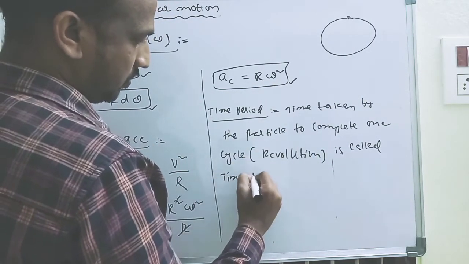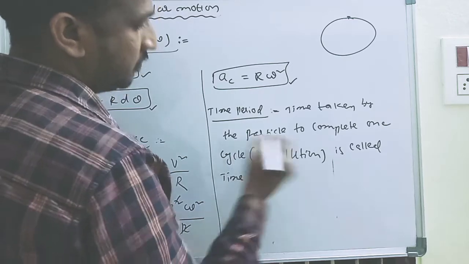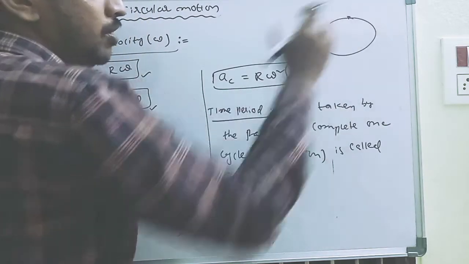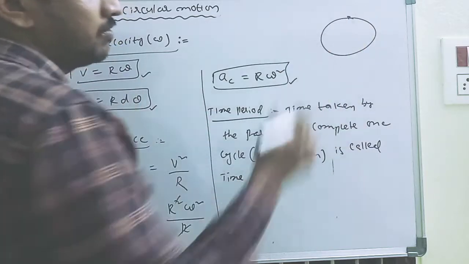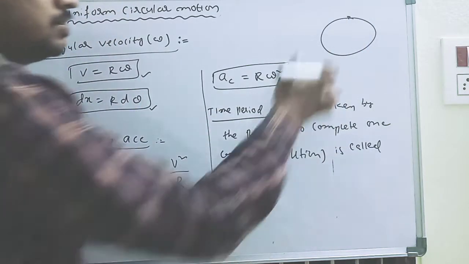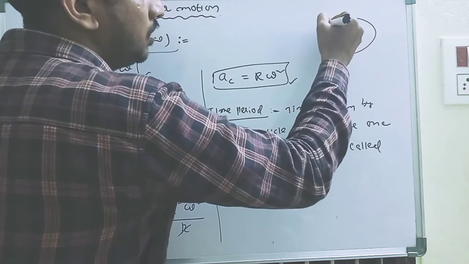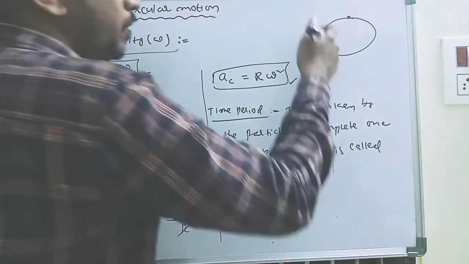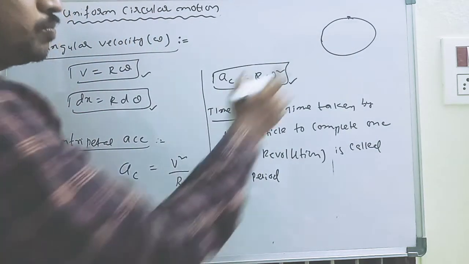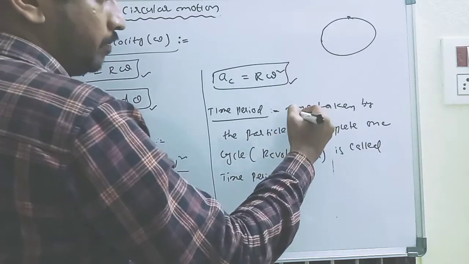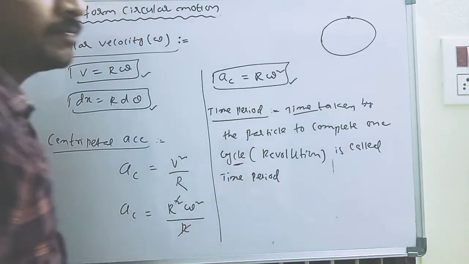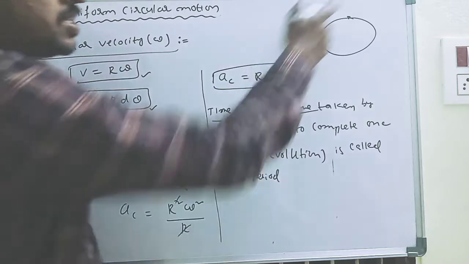Okay, so remember this formula here. What is time period? Time taken by the particle to complete one cycle. One cycle means the total angular distance, that is 2 pi, 2 pi radians, 360 degrees.